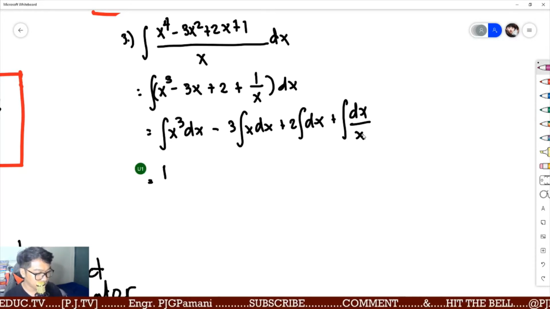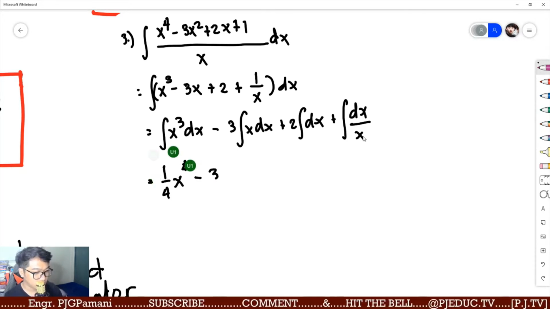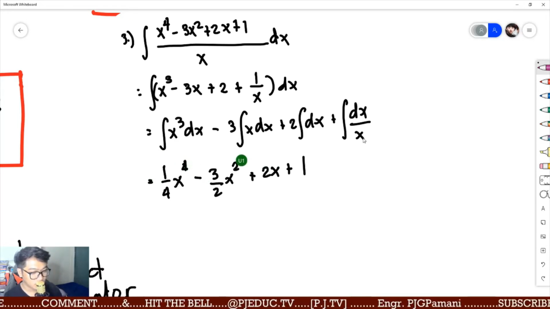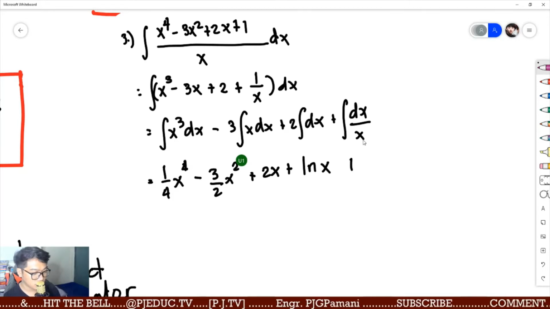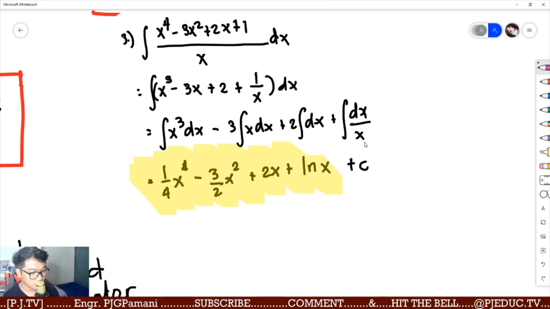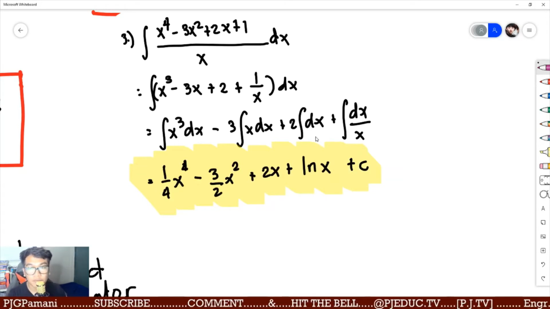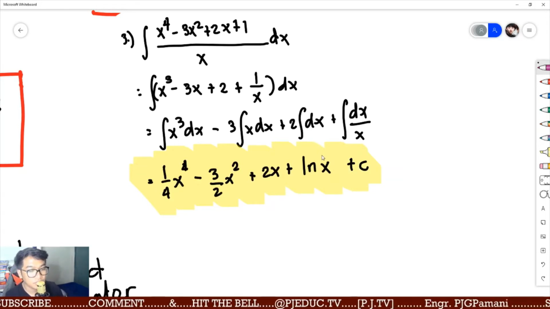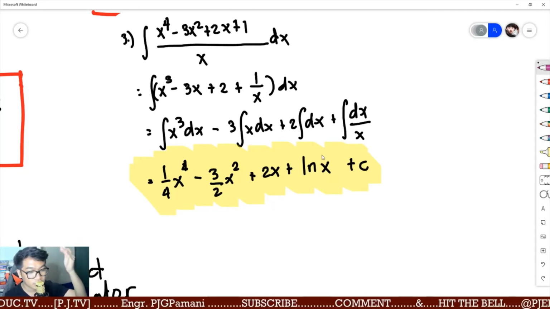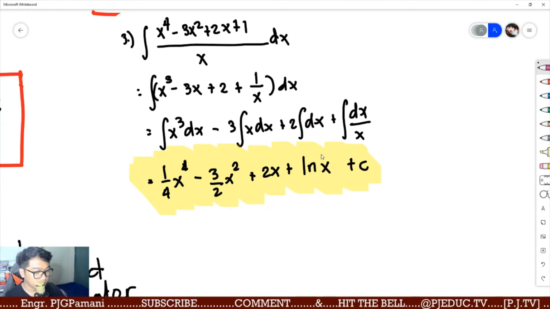So, 1/4 x raised to the 4th minus 3/2 x squared plus 2x plus ln x plus your integration constant. So, this will now be your final answer. Okay pa? Kaya pa? Number 3 pa lang naman yan.